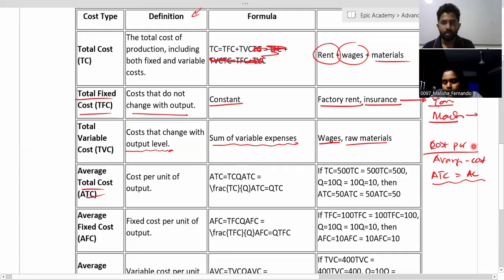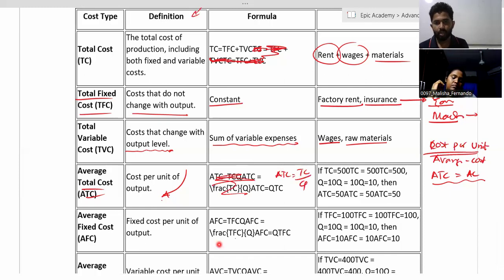Cost per unit of output is average total cost. How can you calculate it? ATC equals TC divided by Q. TC means total cost, Q means number of production.